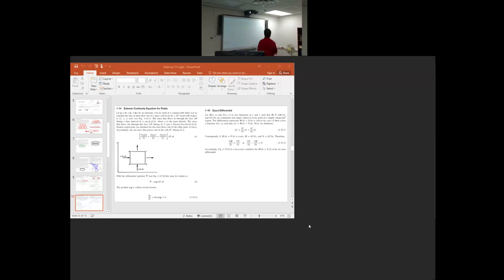The exact differential: we know if we find the functions m and n, for example, for two dimensions, which have x and y, and we find that the function f can be expressed in the form of m dx plus n dy, such that dm/dy is equal to dn/dx, or the difference of them is 0, this condition is necessary and sufficient for the differential to be exact.